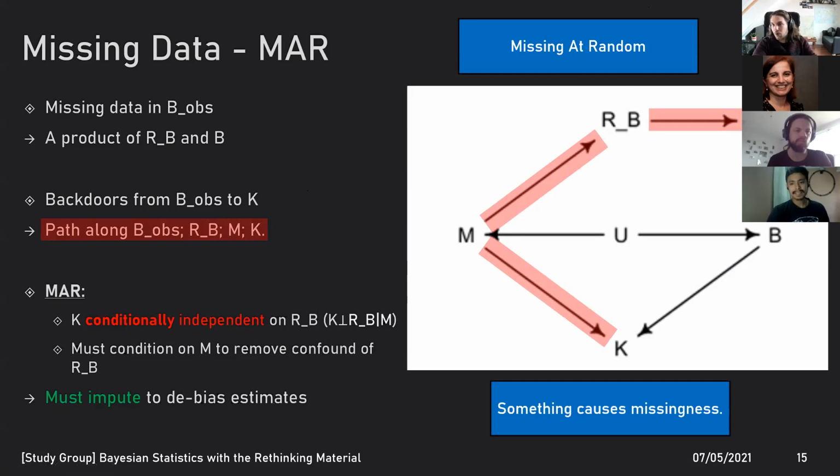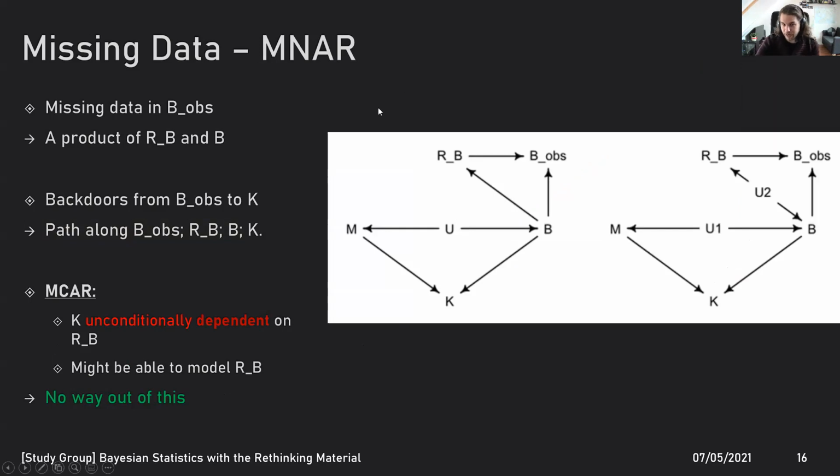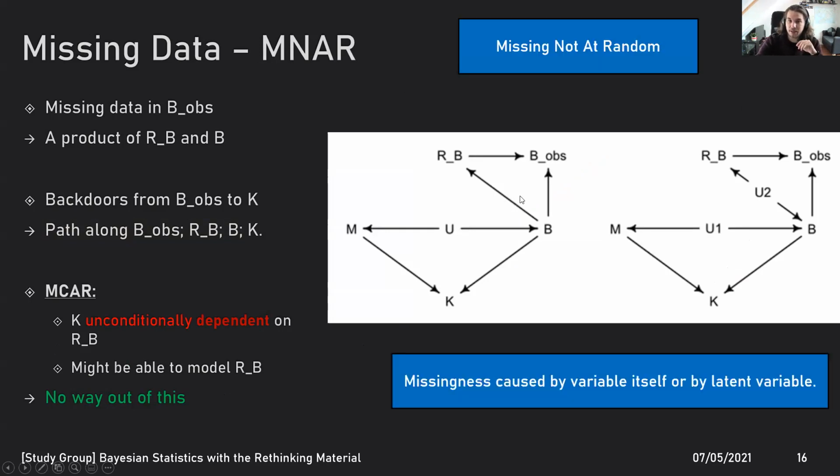And something is causing the missingness. It is not completely at random. And we want to deal with whatever is causing that missingness. Moving over to MNAR, again, missing data is in B observation. This is a product of the missingness process and B. In this case, again, we have backdoors from B observation leading to K. On the left-hand side, missingness is caused by a variable itself or by a latent variable, but this is the backdoor path that I wanted to get to.